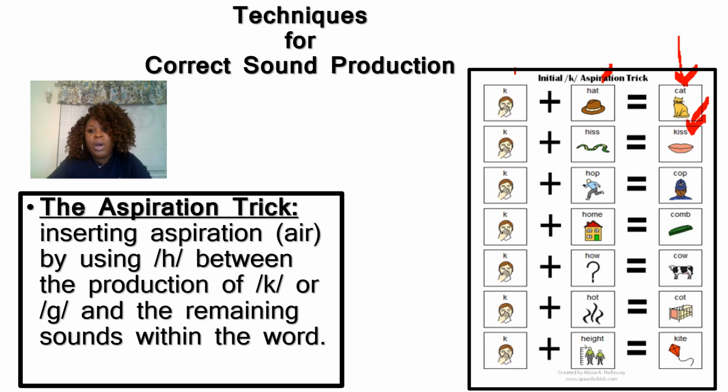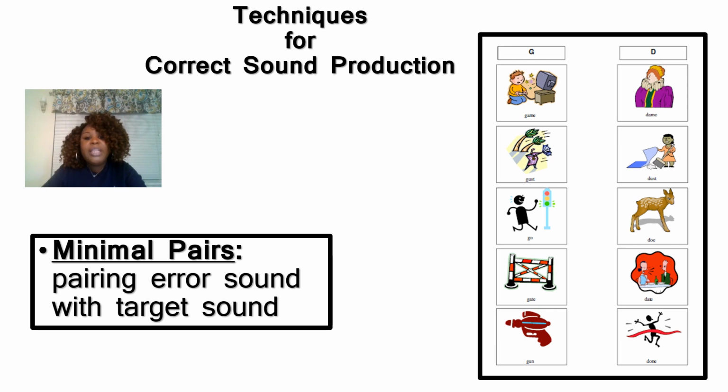All right, so let's go to our next one. My favorite, and I love to do these, are minimal pairs. Now, it kind of falls into the auditory discrimination type of thing, because you're pairing the error sound with the target sound.